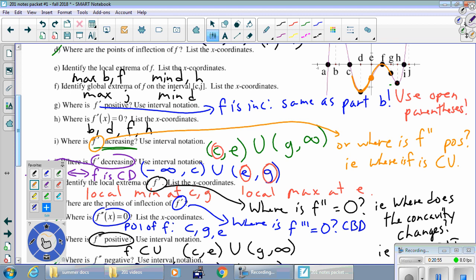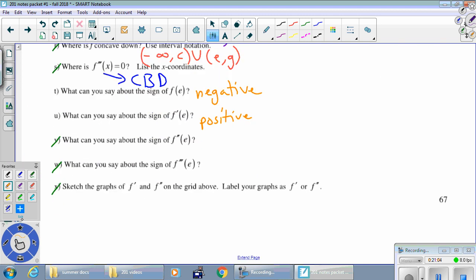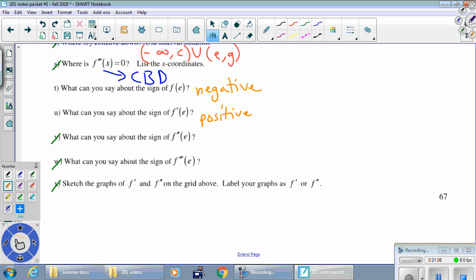And so if E is a point of inflection, then f double prime of E is not positive or negative. E is the spot where the f double prime changes sign from positive to negative. And so if indeed E is a point of inflection, then f double prime of E is 0.